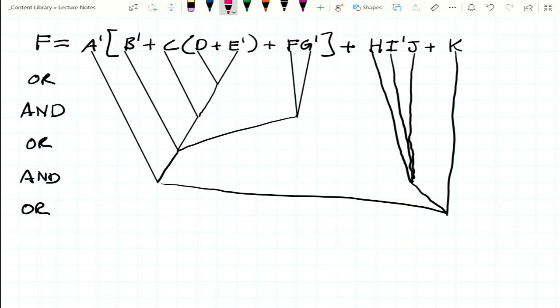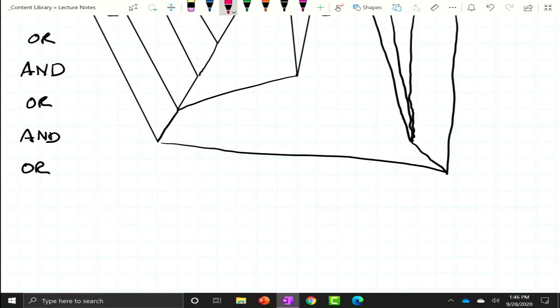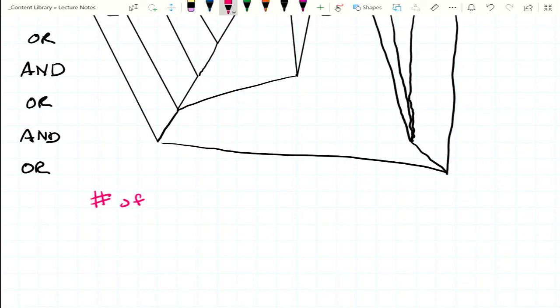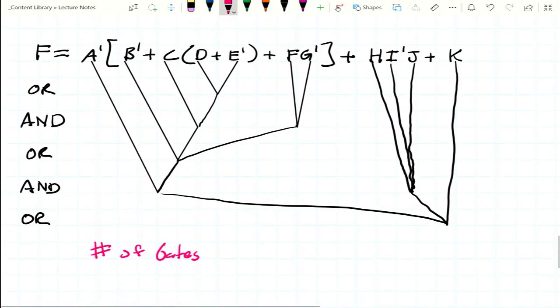Now remember, we go and count a couple of different things. The first one is the number of gates, which is all the places where stuff comes together. 1, 2, 3, 4, 5, 6, and 7. So we have 7 gates.